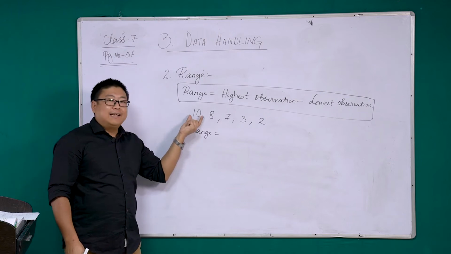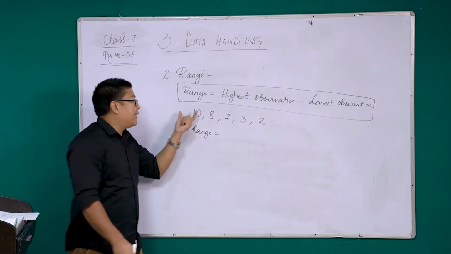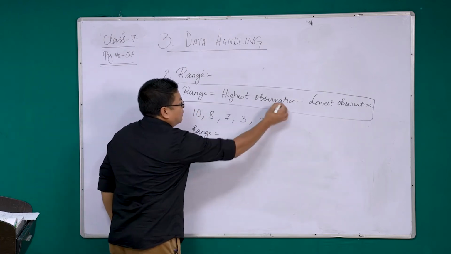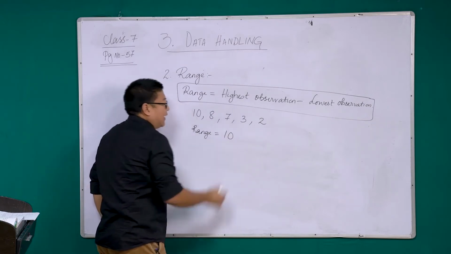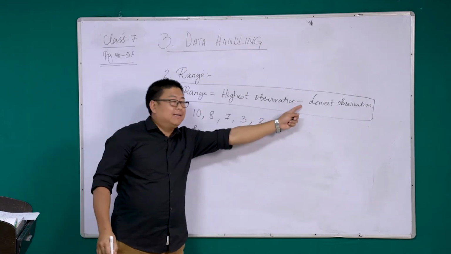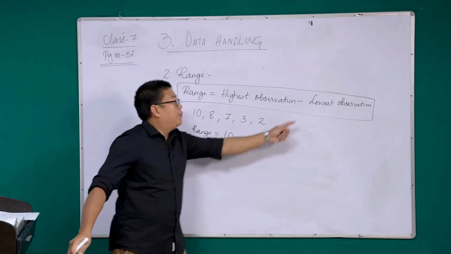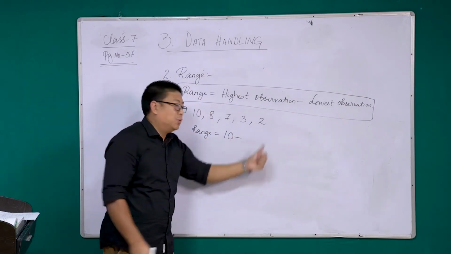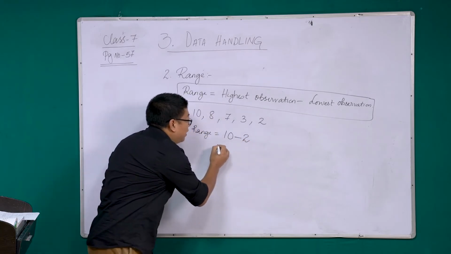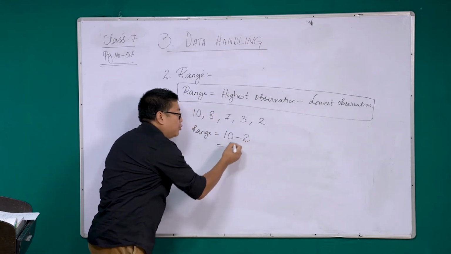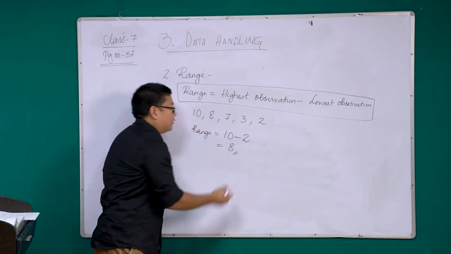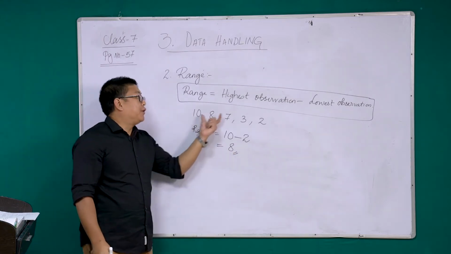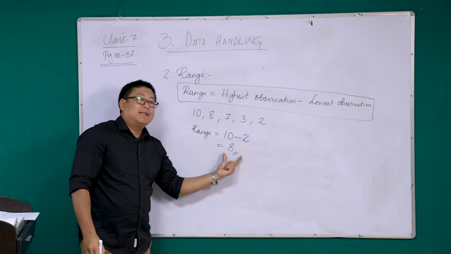Here, 10 is the highest. So in place of the highest observation, we will take 10, then minus the lowest observation. The lowest observation here is 2. So we will write 2 here. When you subtract 10 minus 2, you get the answer 8. So your range for these data is 8.